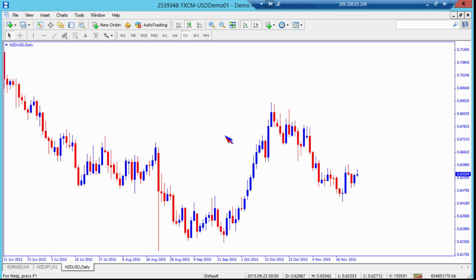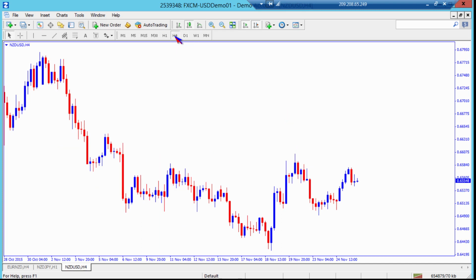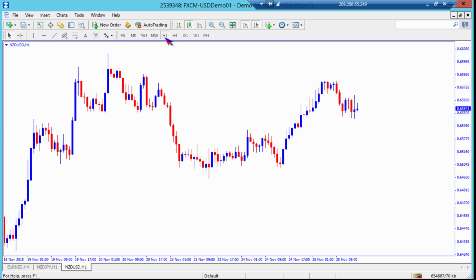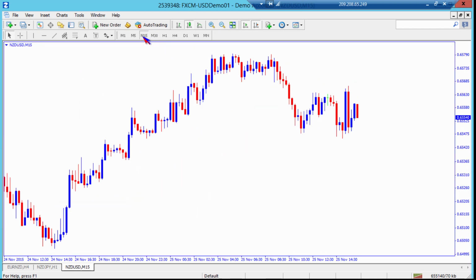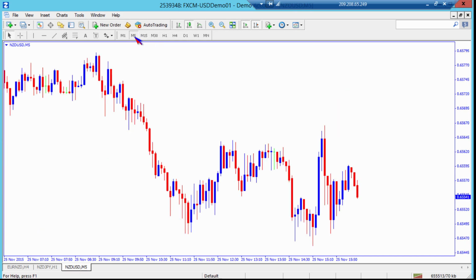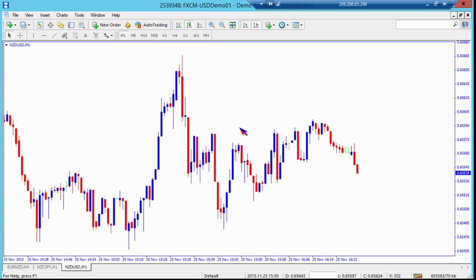D1 means daily chart, and each bar is one day. H4 is a 4-hour chart where each bar is 4 hours. H1 is a 1-hour chart. Then the 30-minute chart, 15-minute chart, 5-minute chart, and the 1-minute chart, where each bar is 1 minute long.